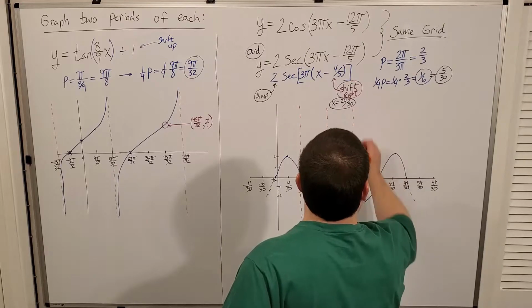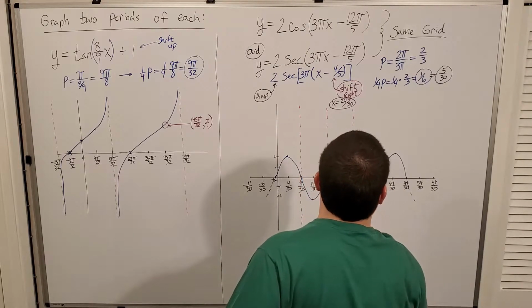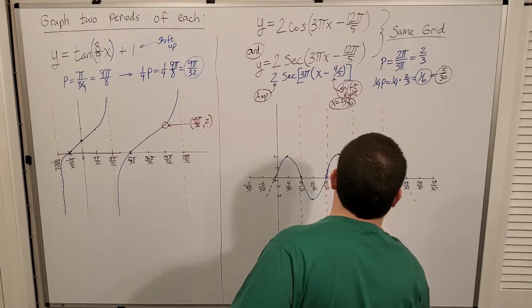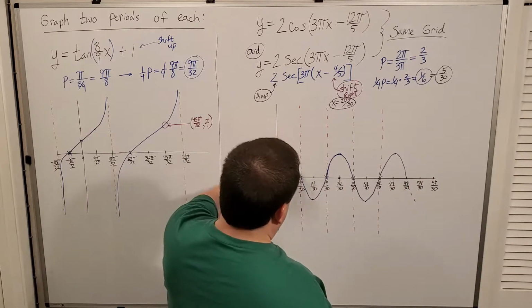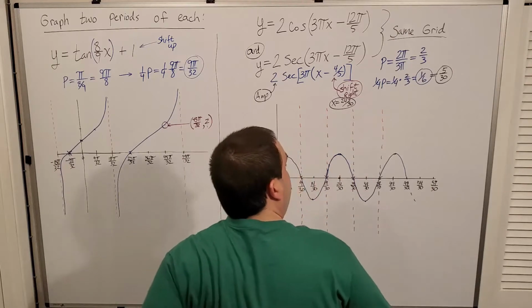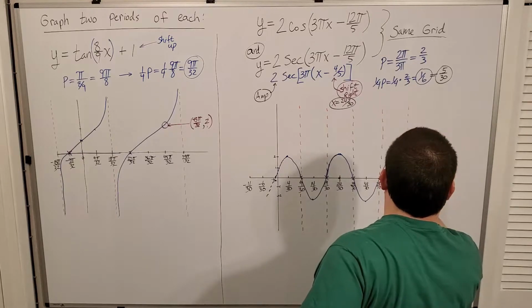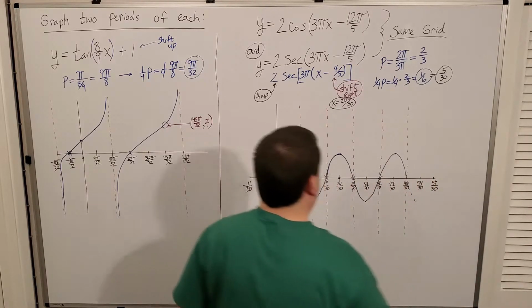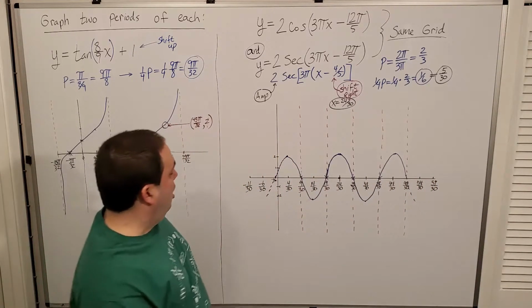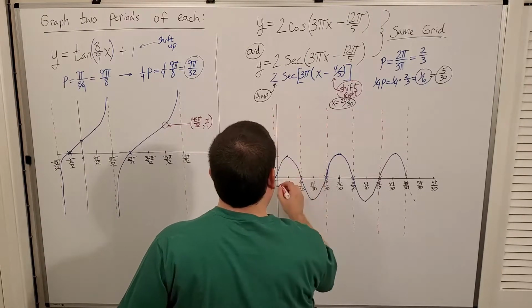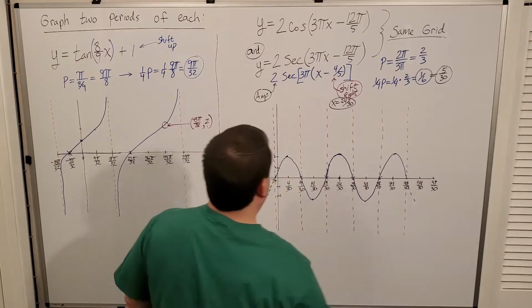I hope you're seeing a pattern here. 39/30ths. Let's see. Up, down, up, down, up. That should be it. Let me go ahead and put this one in. As long as we have two ups and two downs, then that's enough to call it two full periods.